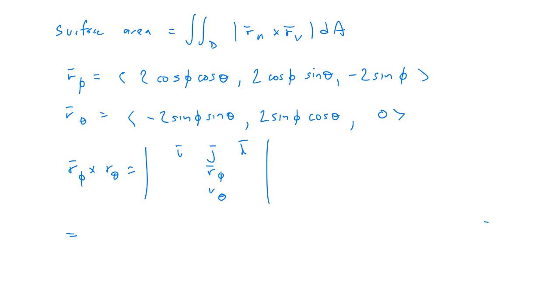And so for the i, using the second and third column, we're going to get negative, negative, so 4. For the j, we're using the first and the third. So there we'll again get negative, negative, because the two negatives for the negative 2 sine phi and negative 2 sine phi sine theta will cancel.